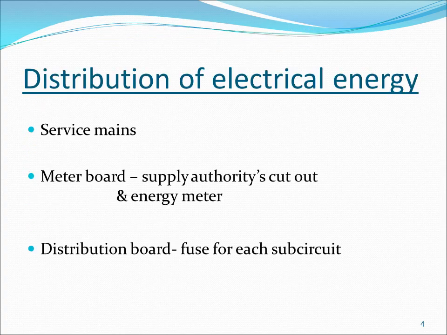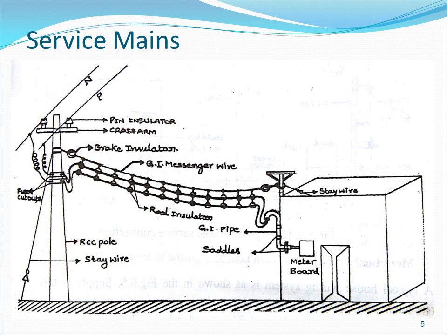So how the distribution? First initially we need to study how the distribution of the electric energy is made to the service, means through meter board, how it has connected, distribution board, how to distribute among the different circuits, that distribution.